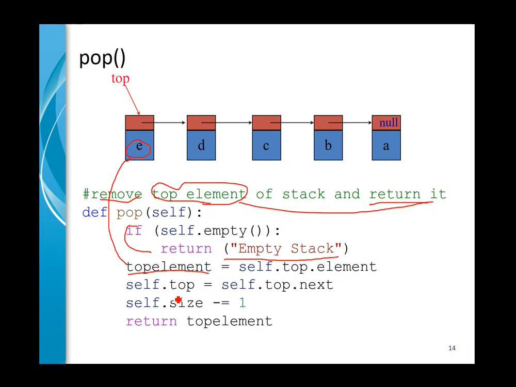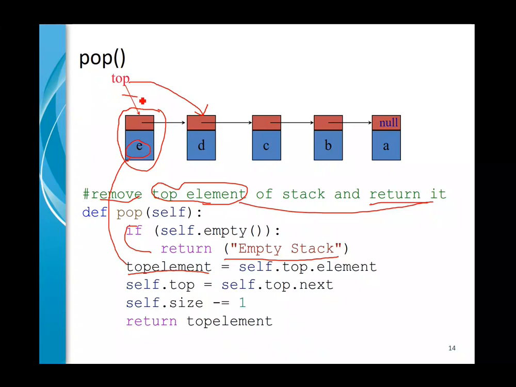Then the top has to change its position because this node will be removed, so the top pointer will point to the next.